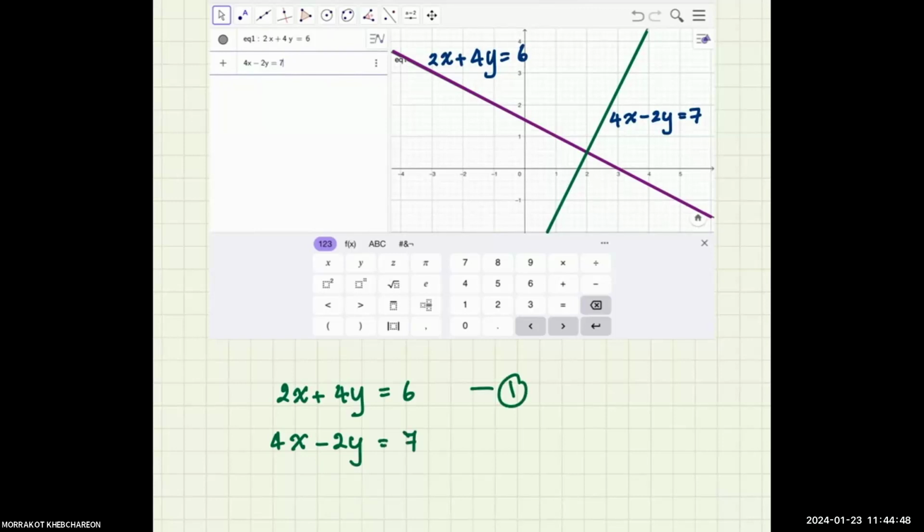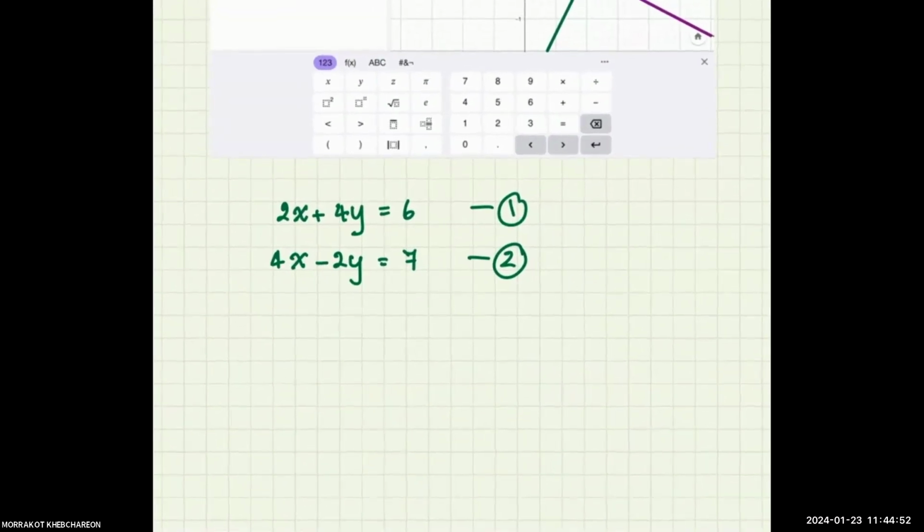I have the first equation, I have the second equation. If I multiply my first equation by 2, what will I get? I will get 4x plus 8y equal to 12. If I draw the graph of 4x plus 8y equal to 12, what is it going to be?